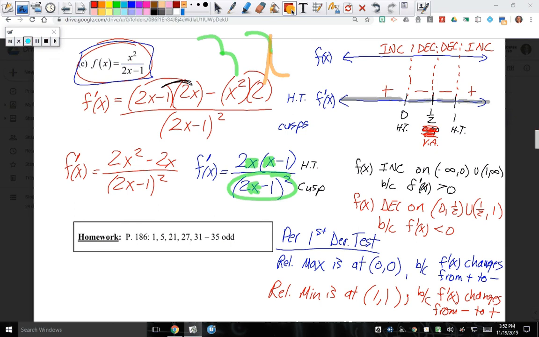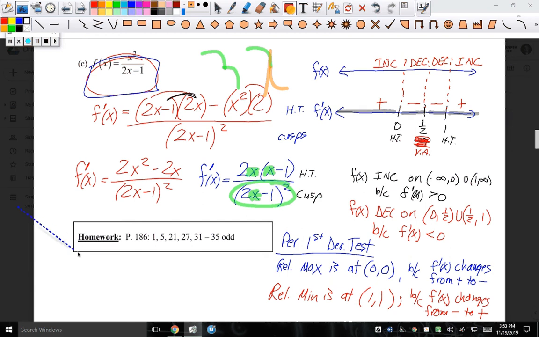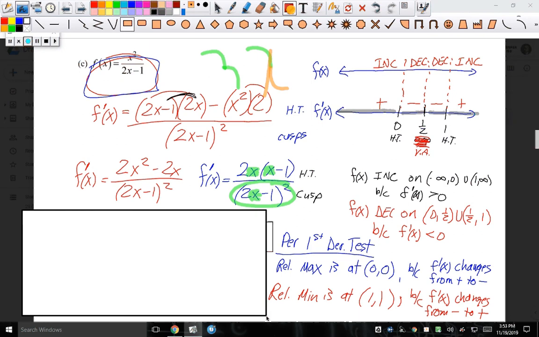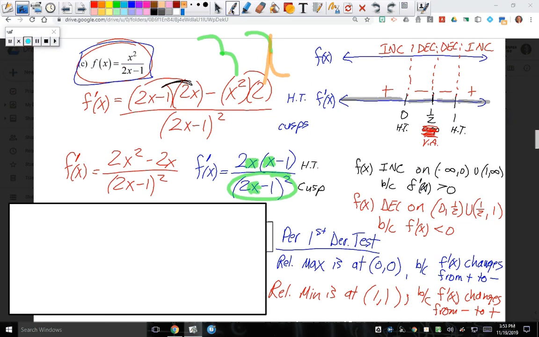Okay. Alright, so now let's go ahead and graph what we have so that we can make sure that it all fits together. So I have a point at 0, 0. I have a point at 1, 1. Let me make this scale a little bit bigger. So let's say that this is 1 and this is 1.